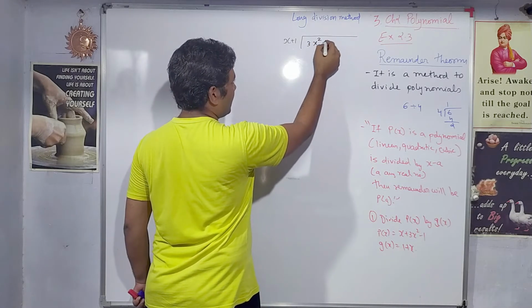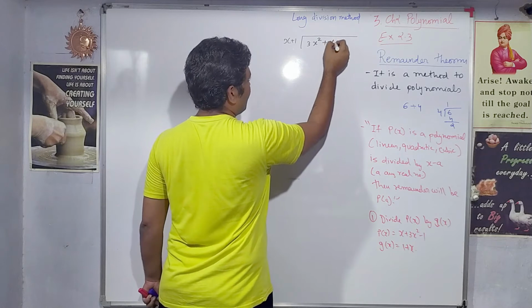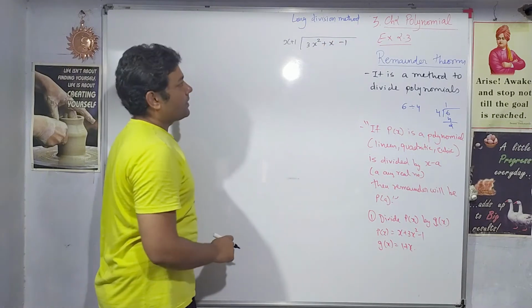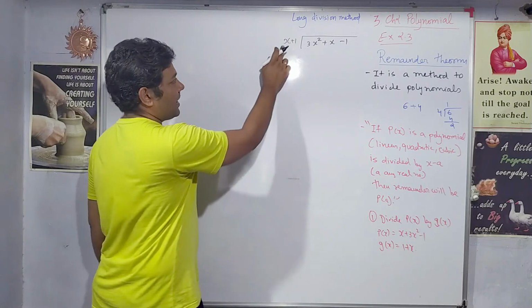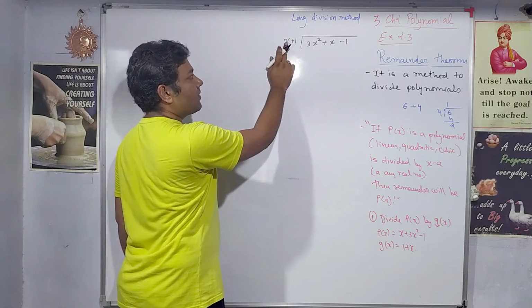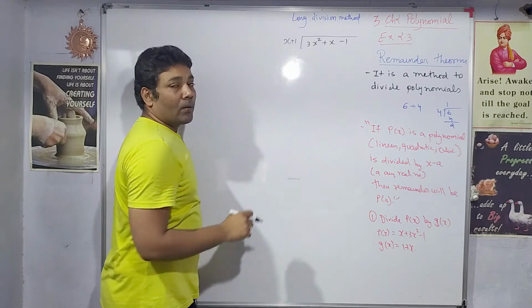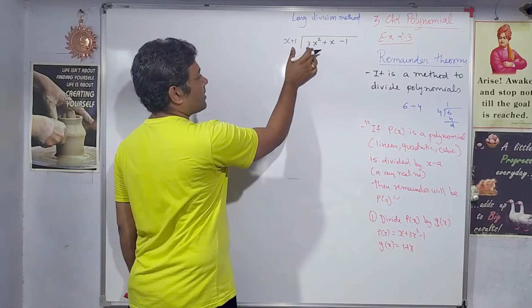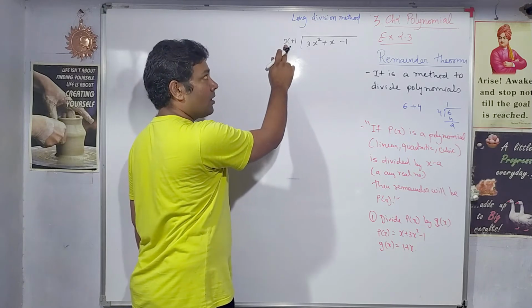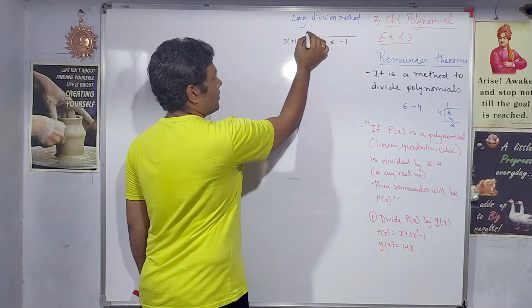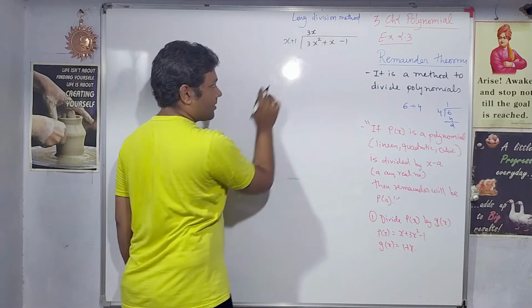So highest power will be written first, then the smallest, and then the constant term, right? Now if you carry out division, you see the first term x. What will you multiply with the x to get 3x square? So I will multiply with the 3x, right?